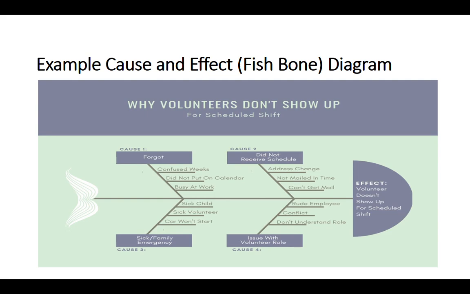The volunteer has family issues. The volunteer also doesn't have a schedule or cannot follow the schedule, and the volunteer has issues with his or her own personal roles. So you create a solution to that so that this effect we are seeing no longer exists.